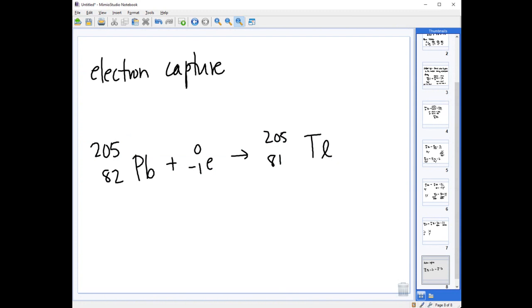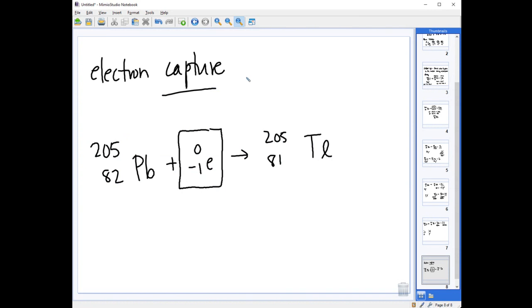Notice that my electron has the same notation as the beta particle, because remember, a beta particle is an electron. So it has the same notation, but it's on the left side of the equation. That's why we call it capture, because the nucleus is actually capturing or taking an electron. So in electron capture, the particle is going to be on the left.